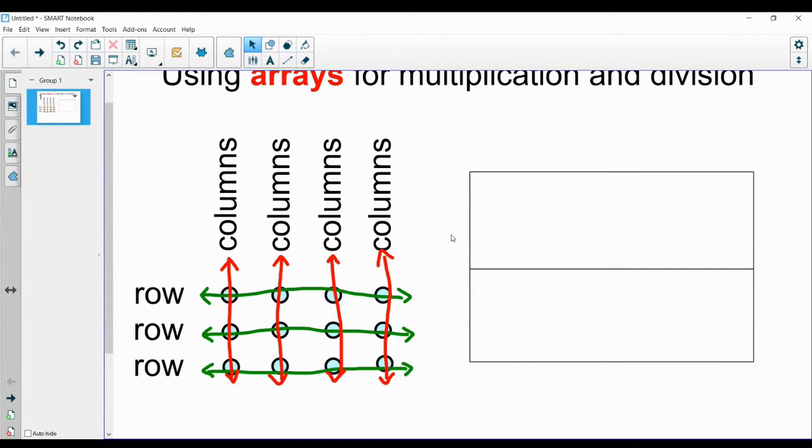Believe it or not, this is actually showing us multiplication and division. How is this showing us multiplication and division? Well, let's take a look over here. Here I have 1, 2, 3 rows. There are also 1, 2, 3, 4 columns.